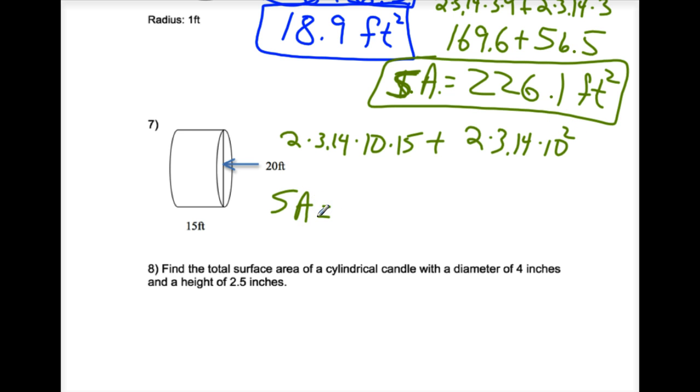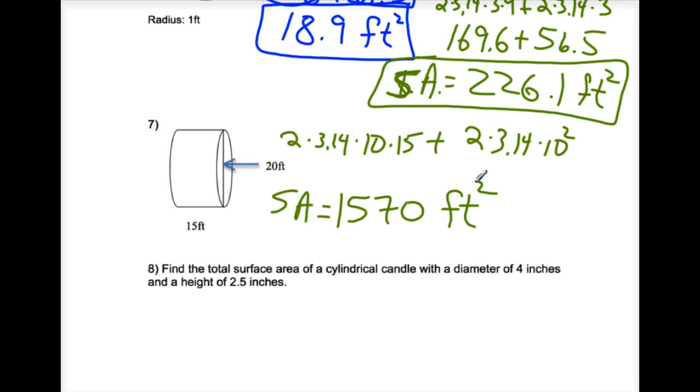Do it again. Yeah, I got 1570. That's the right answer. How many people got 1570 for that one? You guys are doing pretty good. 1570, and then Maeve, can you label it? Feet squared. Excellent.